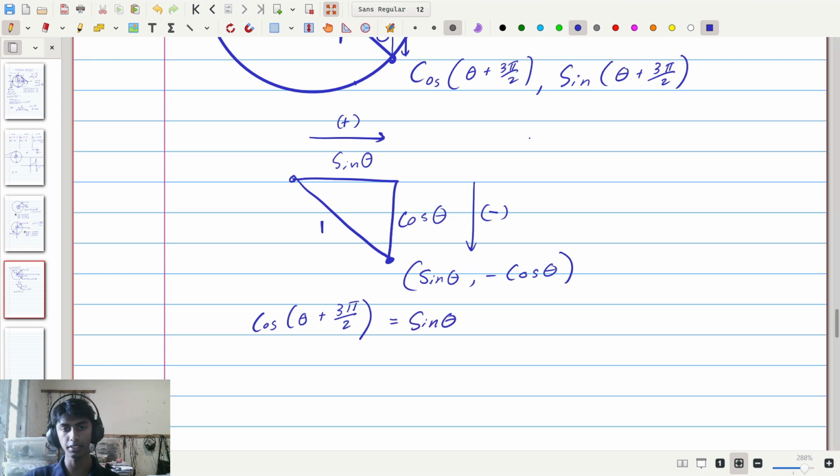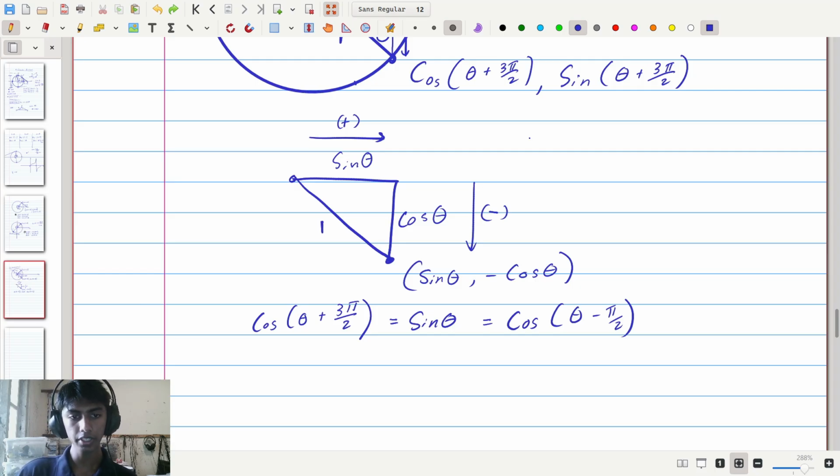Note also that because a positive angle of 3 pi by 2 or 270 degrees is equivalent to a negative angle of 90 degrees, this is also equivalent to cosine of theta minus 90 degrees. Rotation of minus 90 degrees is equivalent to a rotation of plus 270 degrees.